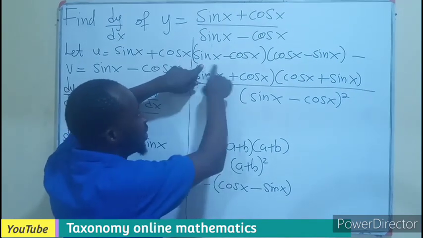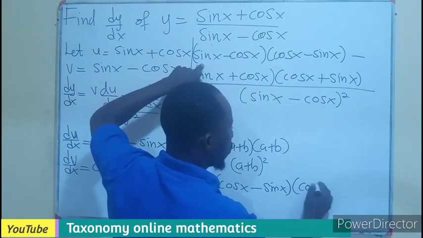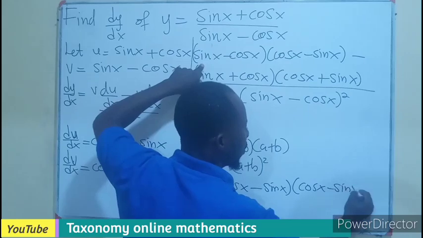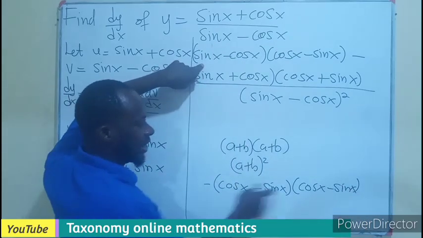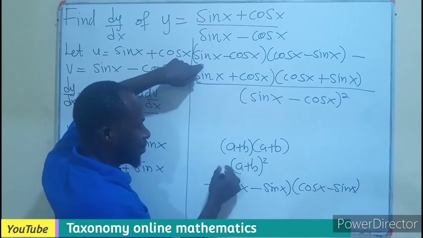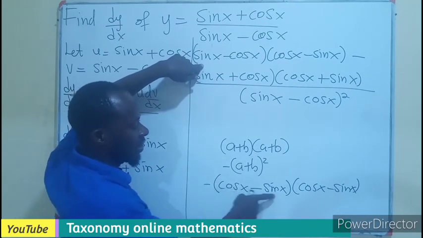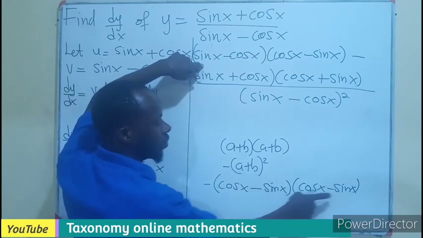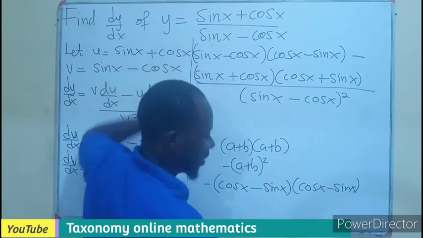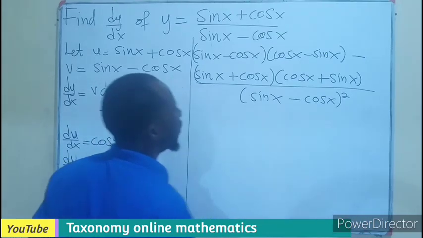So instead of writing this, I can write this multiplying cos x minus sin x. And we can see this and this are in the same domain, just that in this case, the minus will come before the bracket. So you can see cos minus sine, a negative will come, cos minus sine. Alright, I'm trying to manage the blackboard, so let's go with that.